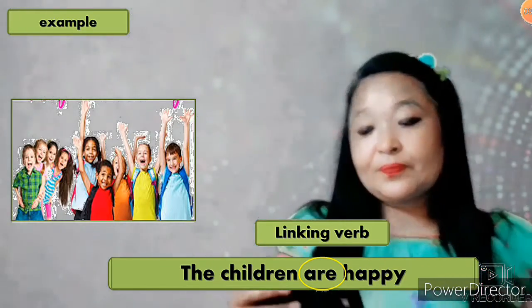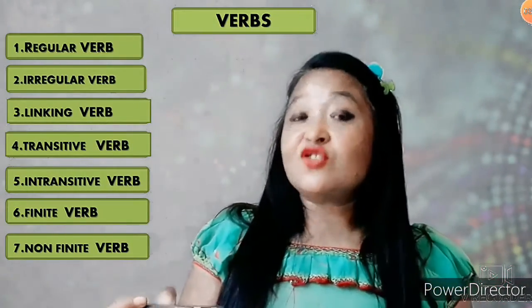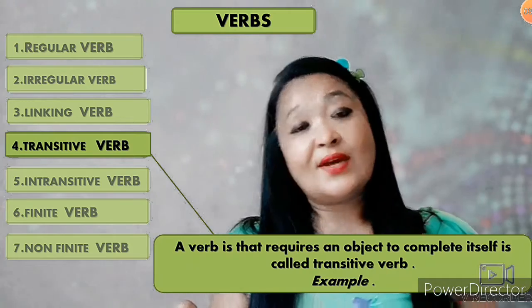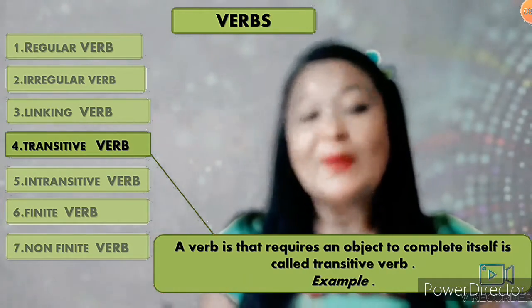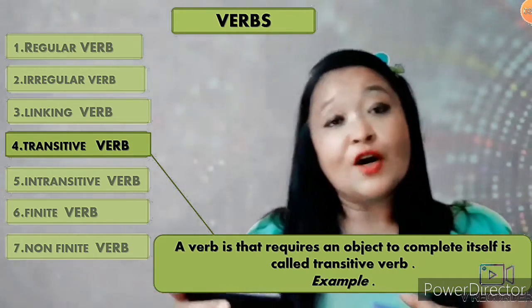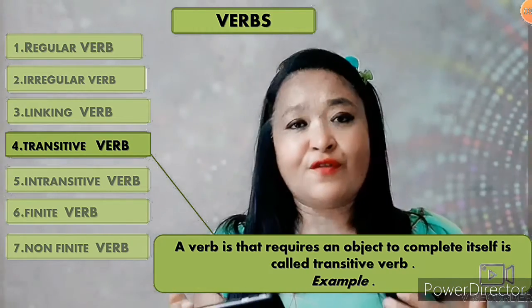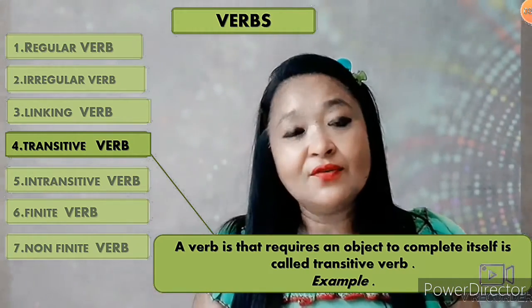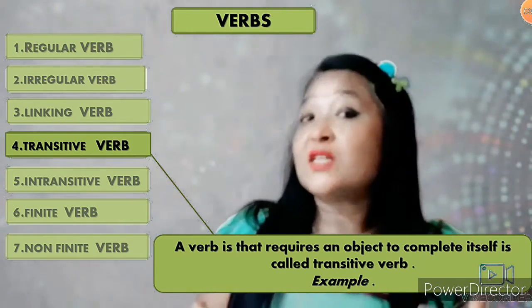Alright. Now, let's switch on to the next verb, and that is what? It is transitive verb. Okay, what is a transitive verb? Well, a verb that requires an object to complete its meaning. Okay, a verb that requires an object to complete itself is called a transitive verb.